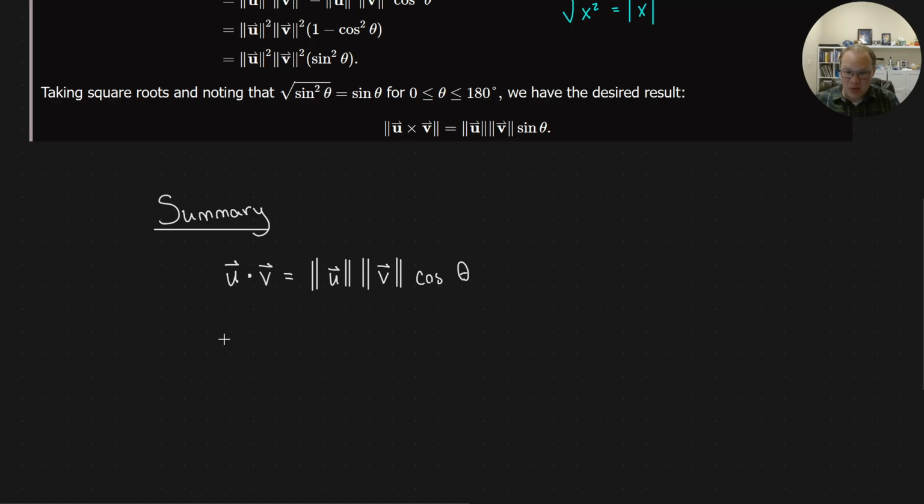In this section, we're now learning that if we take the cross product and take the norm of that cross product, we get norm of u, norm of v, sine of theta. Okay, so it gives us cosine of theta and sine of theta, the two most important trig functions with the angle between them, the angle that is being plugged into those trig functions.